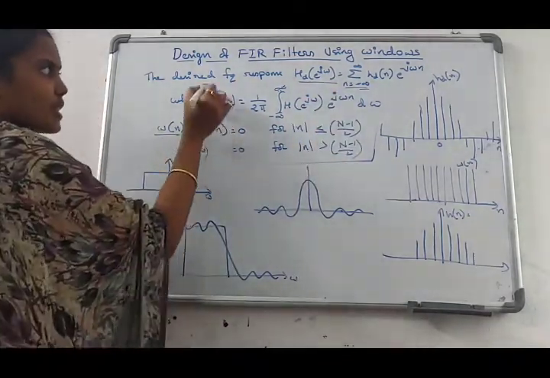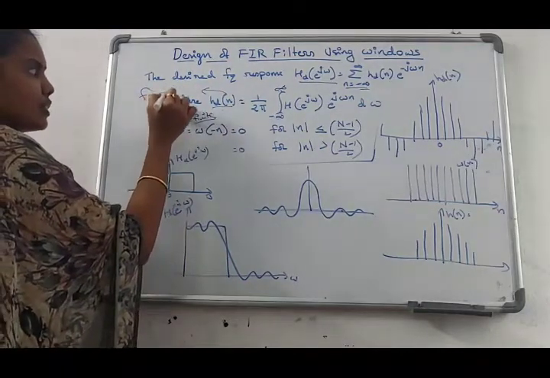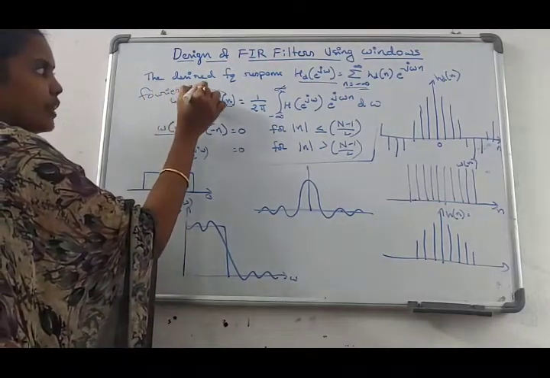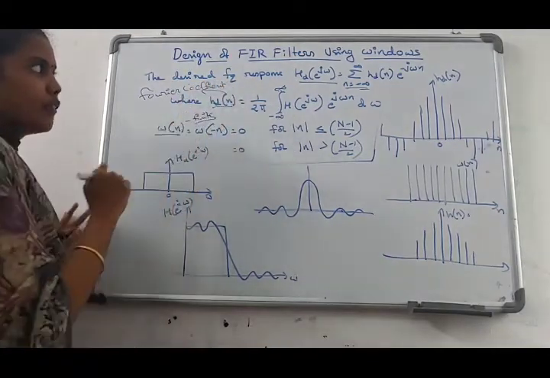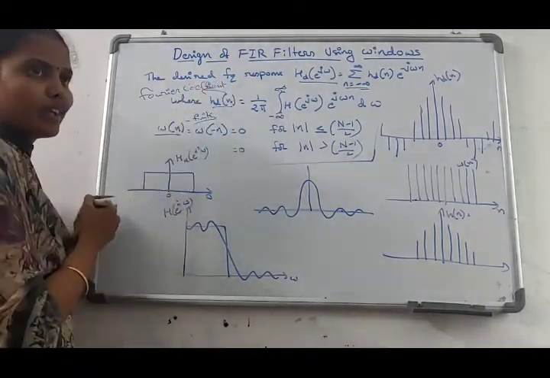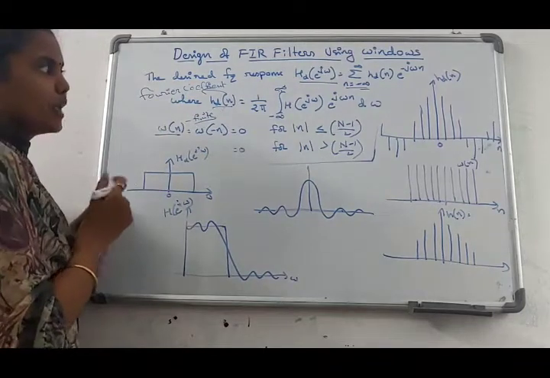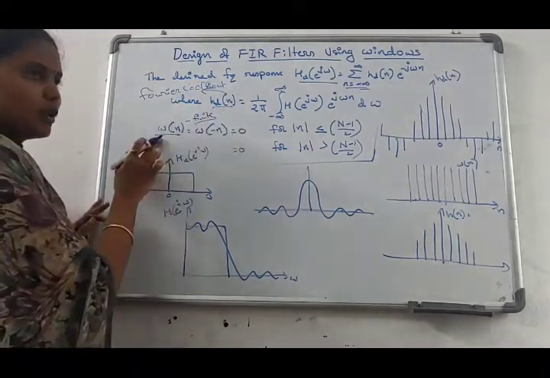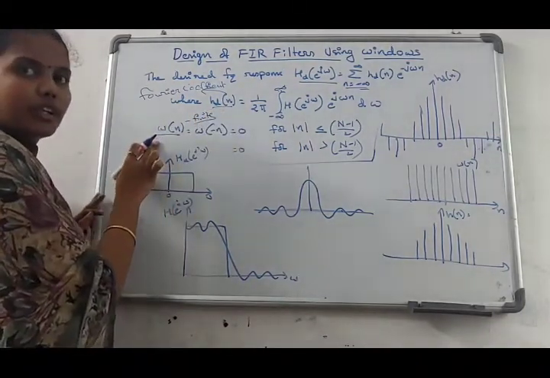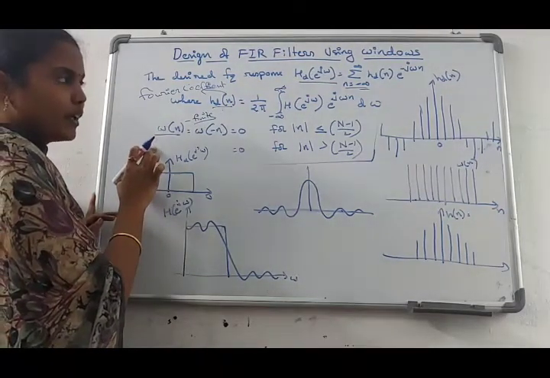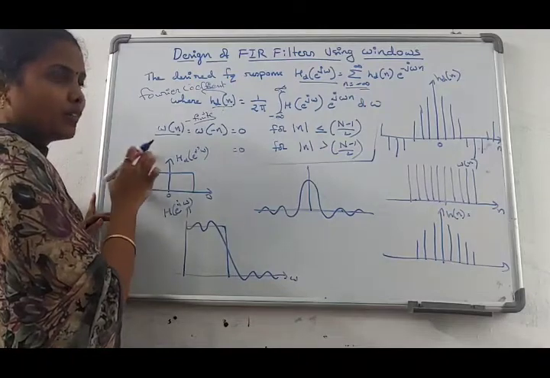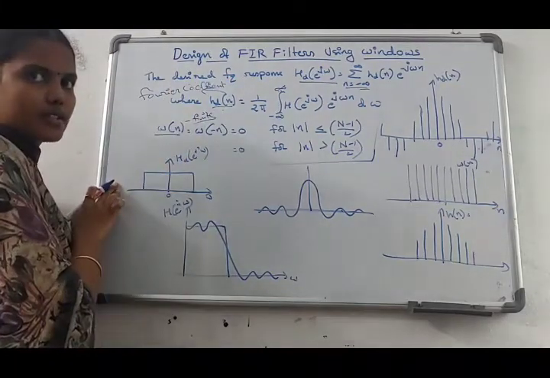So this is a Fourier coefficient. In order to get a finite value, we have to multiply hd of n with w of n, so we get a finite range for designing FIR filters.